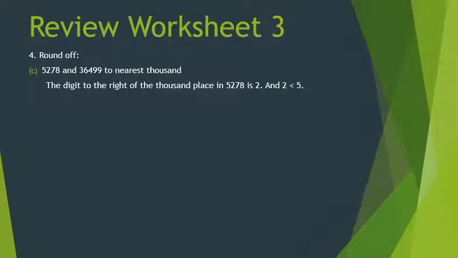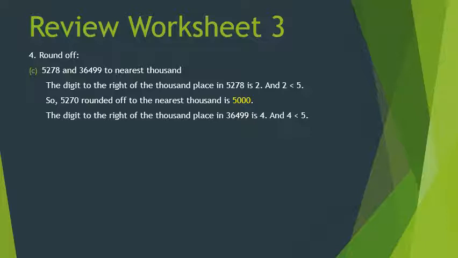And children, 2 is less than 5, so we will not change the digit at the rounding place, that is at the thousand place, which is 5. It will remain 5, and we will replace all the digit to the right hand of the 5 by 0. So 5278 rounded off to the nearest thousand is 5000.